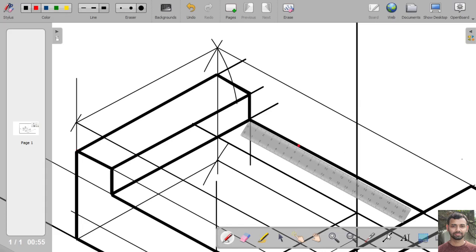Okay. Similarly, from this position, it is at a distance of 90 mm.